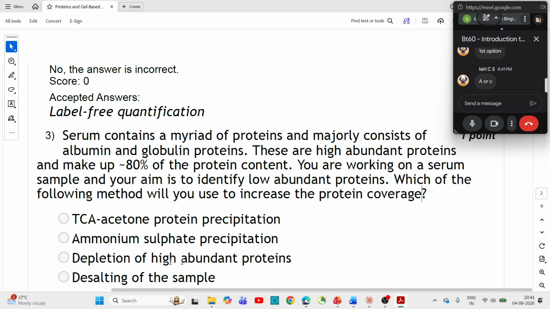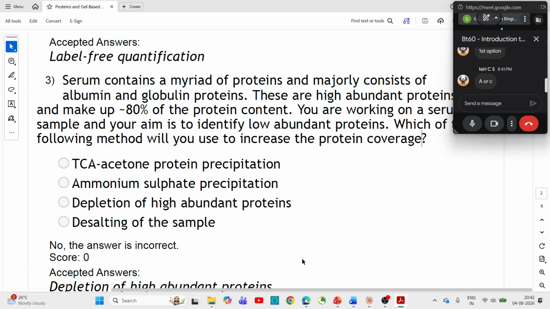And then you can go with method A or ammonium sulfate precipitation, desalting, whatever. The first step would obviously be removing the high abundant ones, and then for the lower ones, making them more concentrated, removing contaminants, etc. You can do all of these other methods. The first step is depletion of abundant protein.